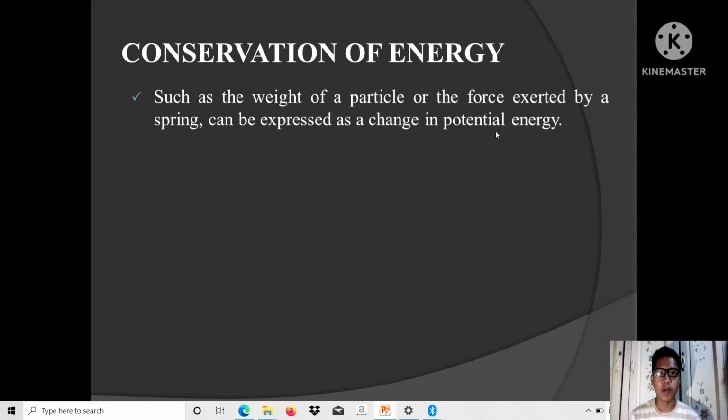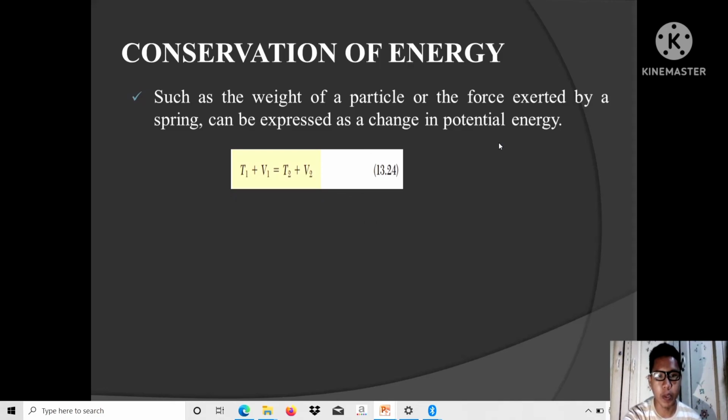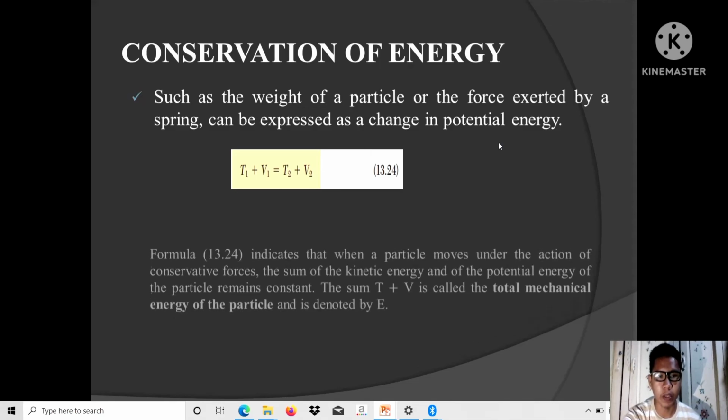It depends only on whether an object is acted on by a spring. We have also this equation 13.24, which is T1 plus V1 equals T2 plus V2.